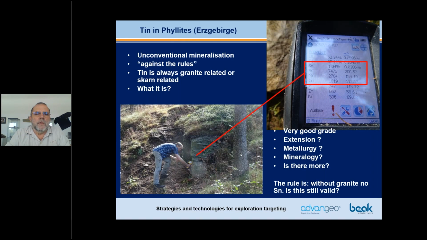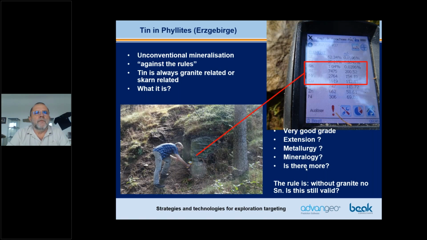And a few years ago, we identified tin in phyllites, means metasediments, with grades that are not bad. You can see here a measurement up to 1% grade in a thin layer in this phyllite.